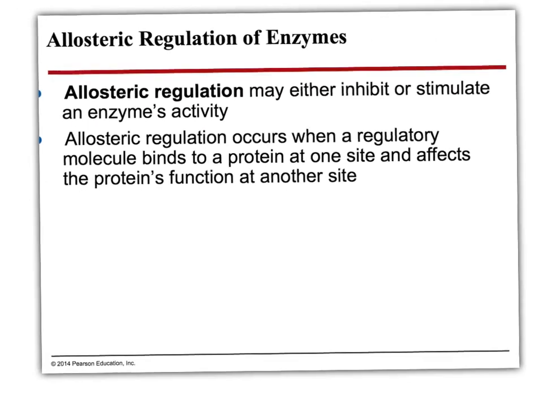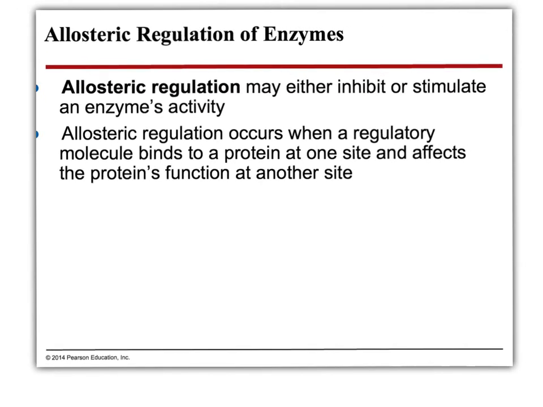How do we do this? Well, this is a process called allosteric regulation. All right? So allosteric regulation just means a way of regulating, inhibiting, or enhancing an enzyme's activity. Inhibiting an enzyme activity could be competitive or non-competitive inhibition, and enhancing an activity could be the presence or absence of cofactors.